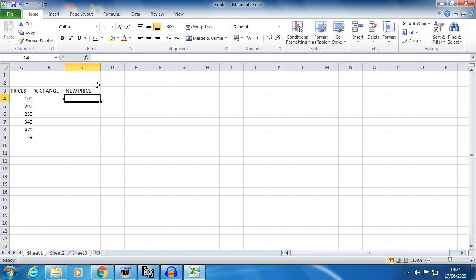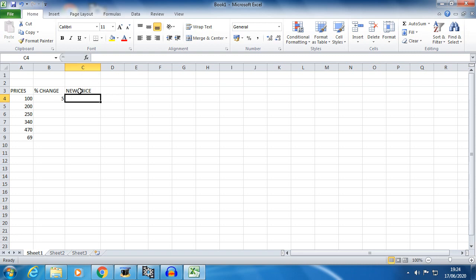So all you have to think about is we're trying to figure out the new price, but we should do a step in between. Before we try to work out what the new price is, we should work out how much the increase will be. So we're starting with 100, but in this case the increase will only really be 5.